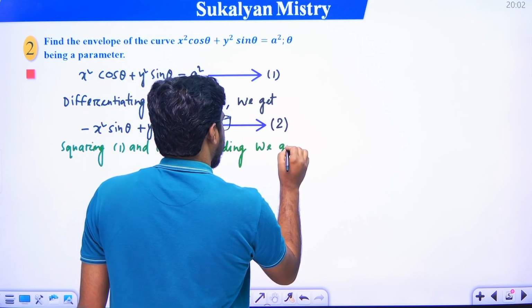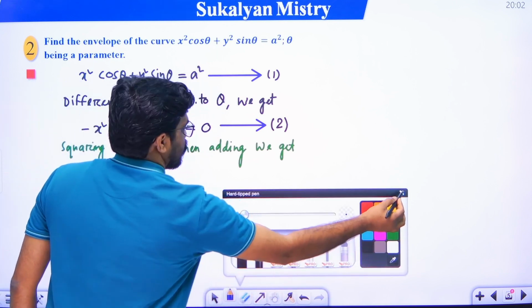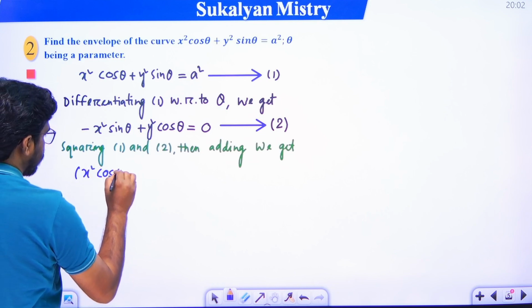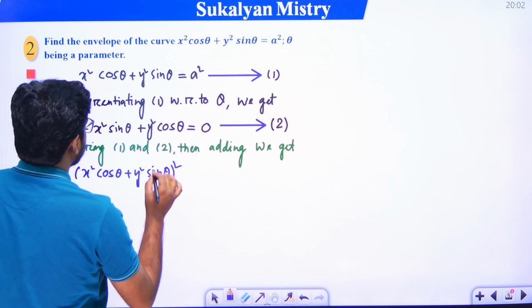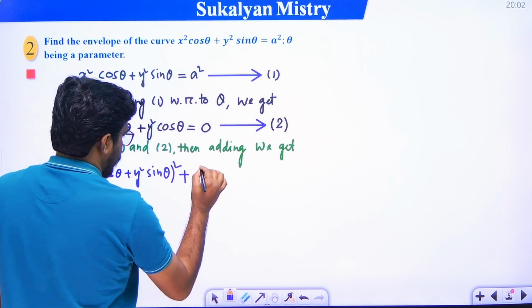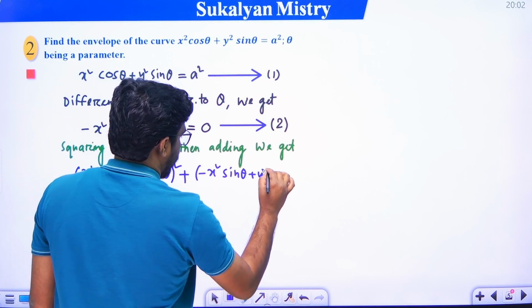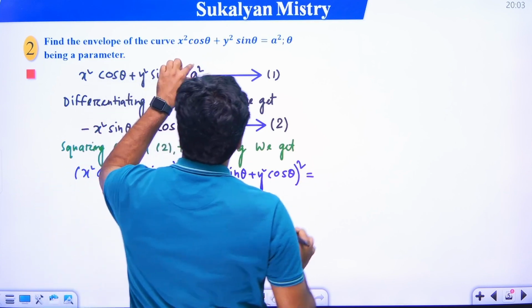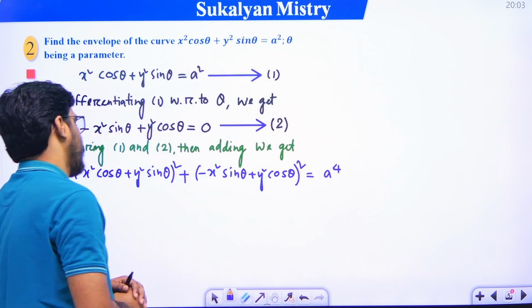Okay, so what we get, (x square cos theta plus y square sin theta) whole square plus (minus x square sin theta plus y square cos theta) whole square. So this equals (a square) whole square, that is a to the power 4, plus 0.